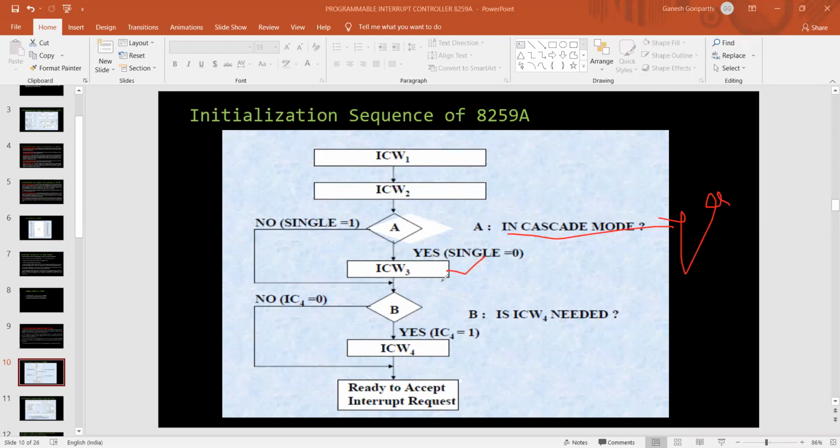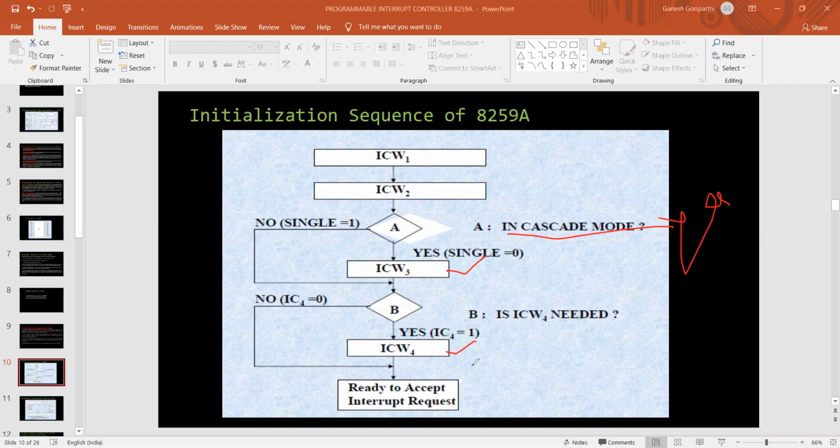And ICW4 is your choice. Okay, whether you require it or you don't require it, that you have to decide. If you require, you will have your ICW4. If you don't require, you do not have your ICW4.